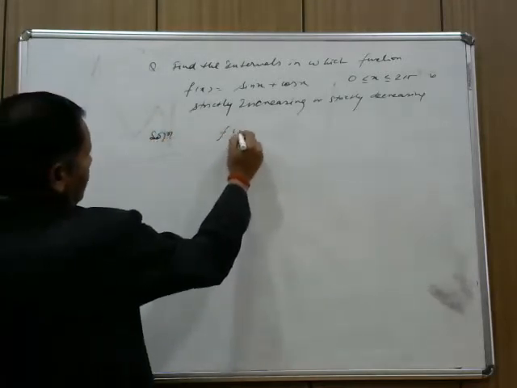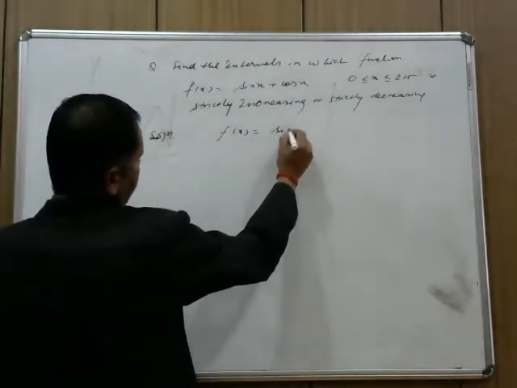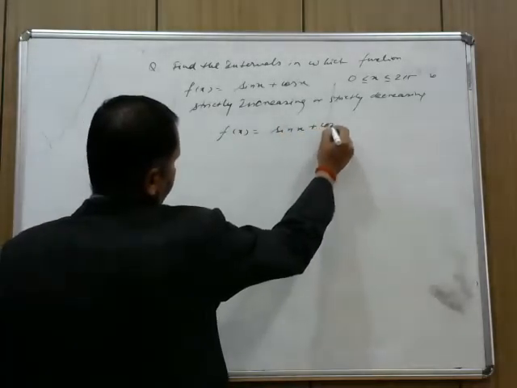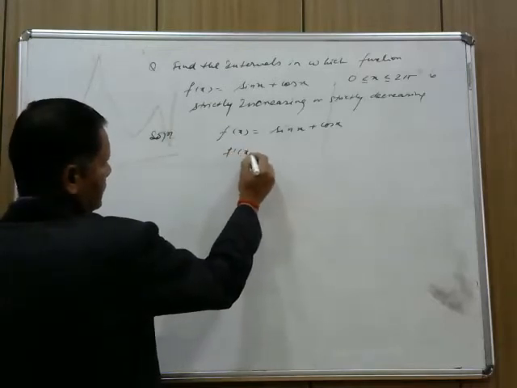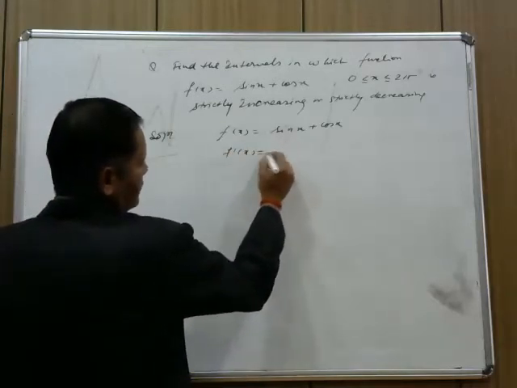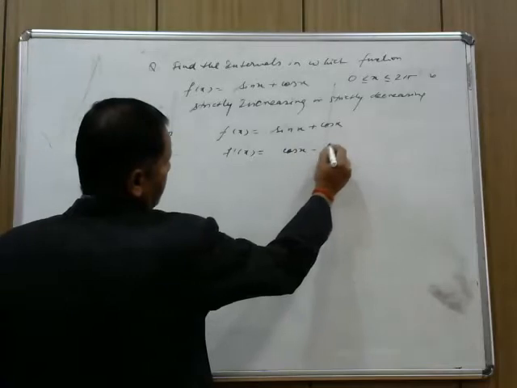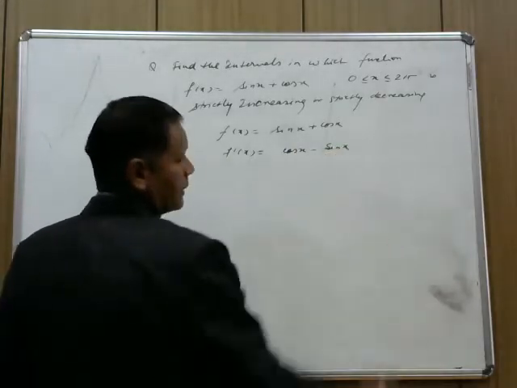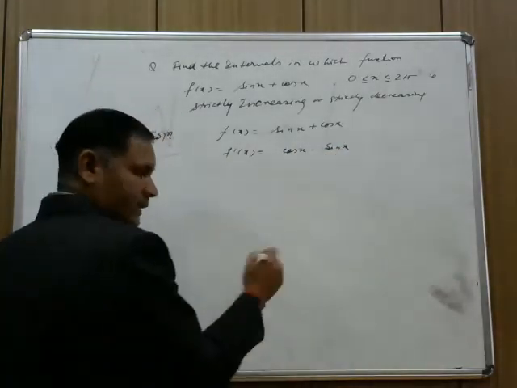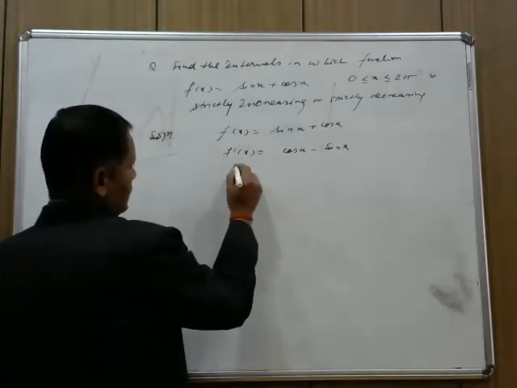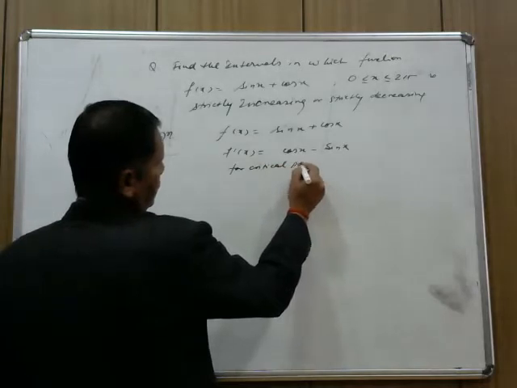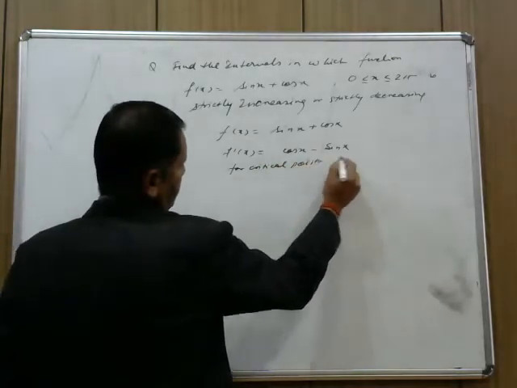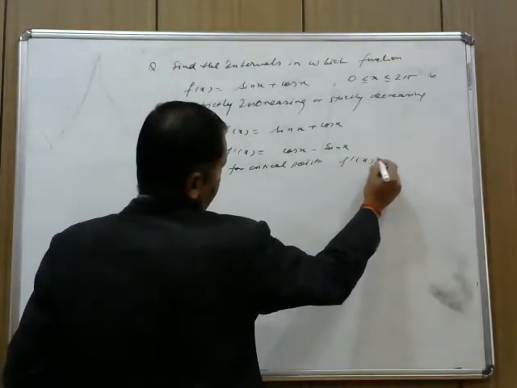We have f of x is equal to sin x plus cos x. So now f dash of x is equal to the derivative of sin x, which is cos x, and the derivative of cos x, which is minus sin x. For critical points, we'll write f dash of x equal to 0.